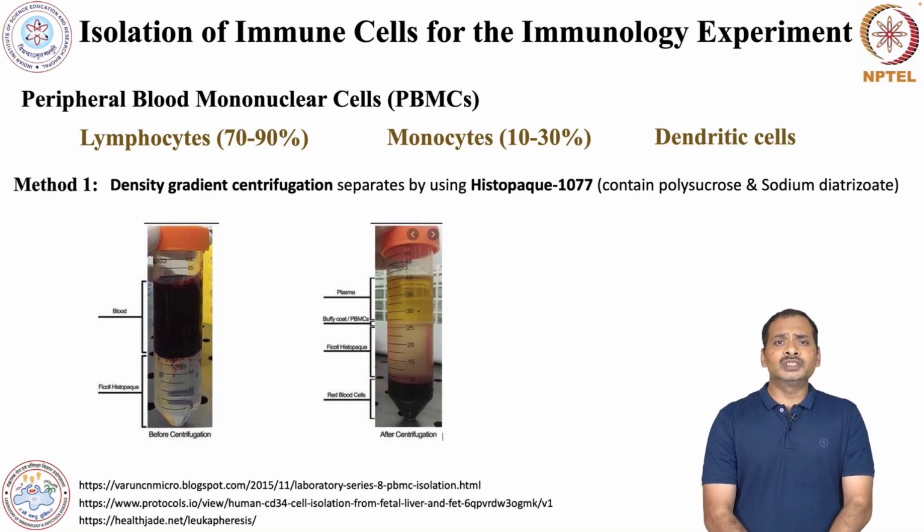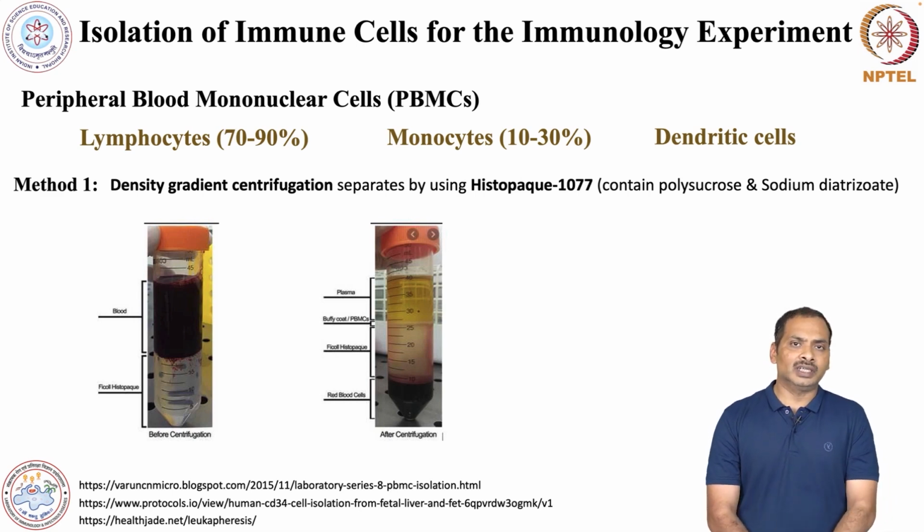Below that you will see a layer of histopaque, and at the bottom the RBCs, and just above the RBCs there will be a thin coat of cells which is white in appearance. Basically those are granulocytes.